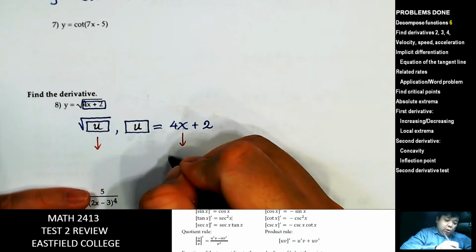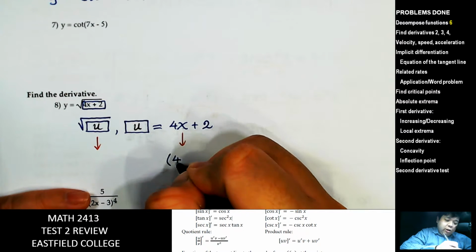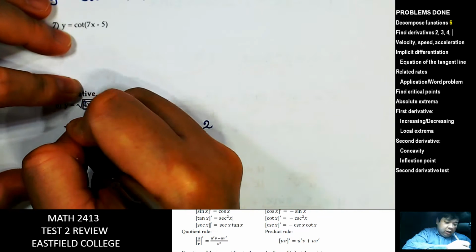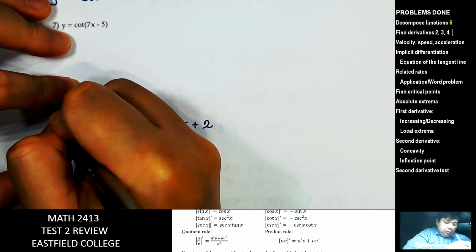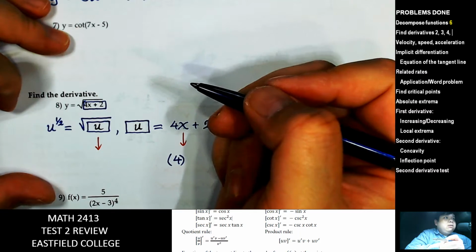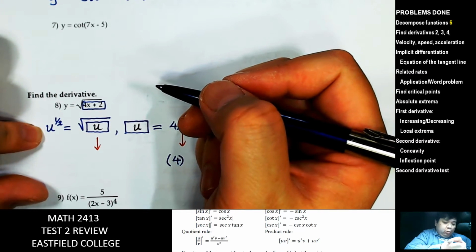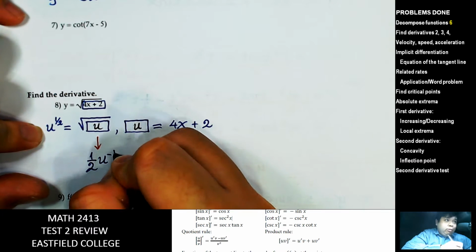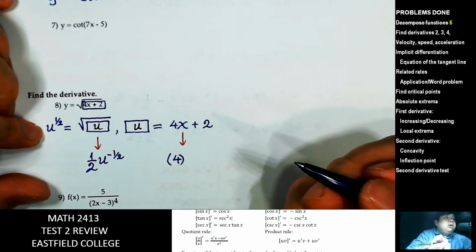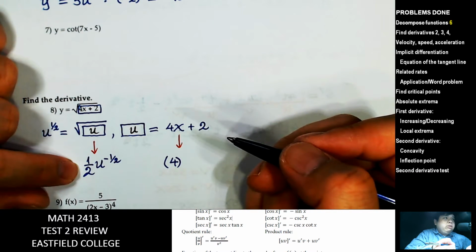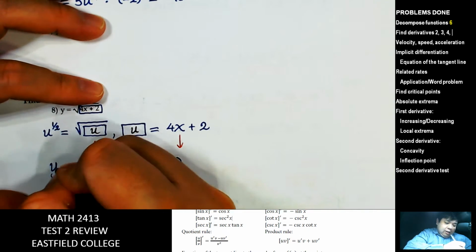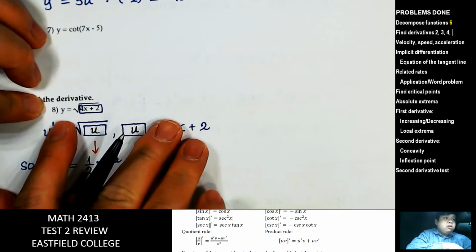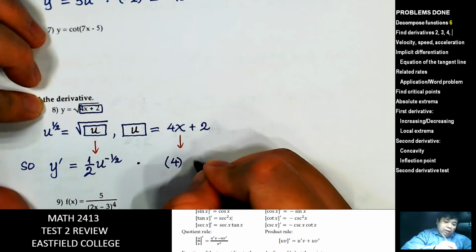Derivative of 4x plus 2 is 4, and derivative of that function, we can rewrite as u to the 1/2, and then the derivative of u to the 1/2 is 1/2 u to the negative 1/2. Right, so we rewrite and then take the derivative. And show the derivative of y is equal to the product of these two functions.